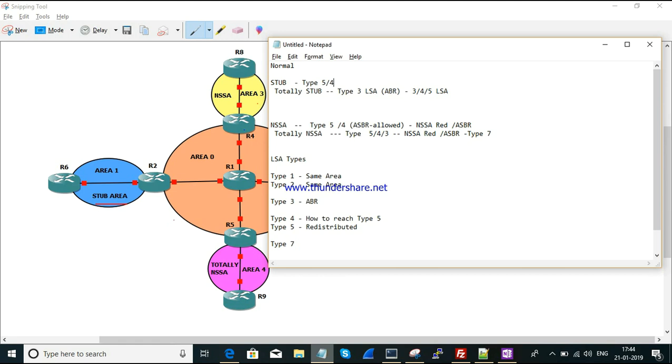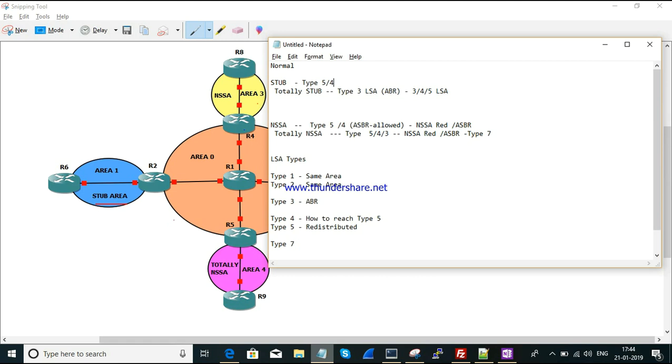But the name total indicates that type 3 is also blocked. The not so stubby area, as the name indicates, is not totally stub. It helps you create an additional area to avoid the stubbing process. That's why ASBR is allowed with the help of a type 7 LSA.